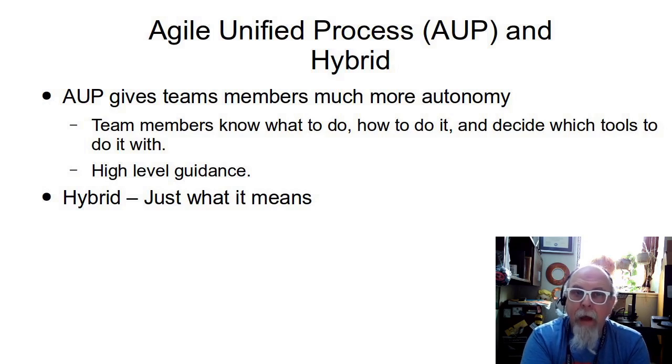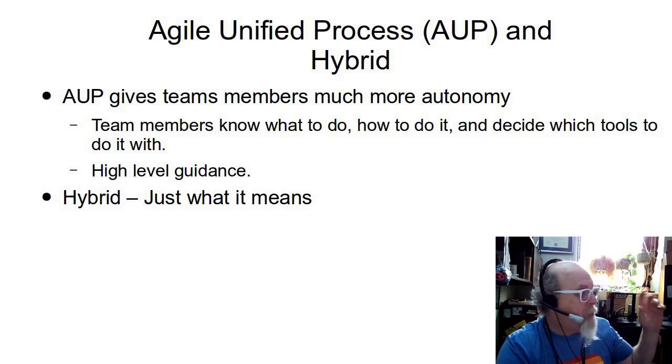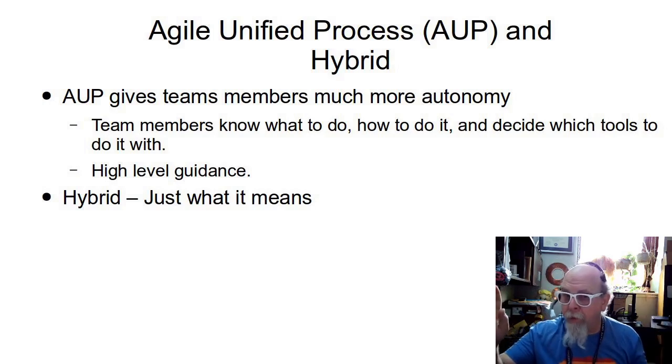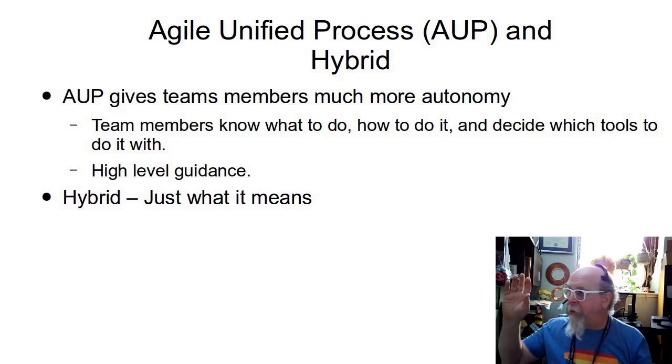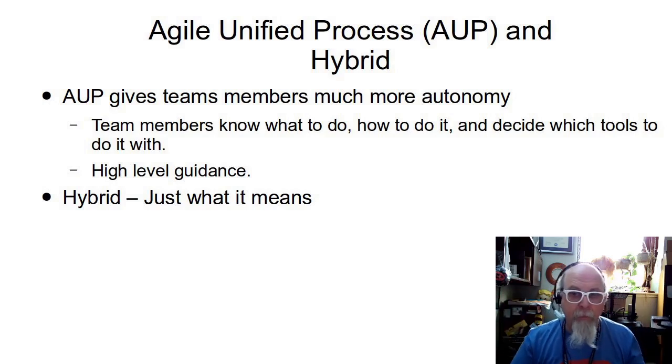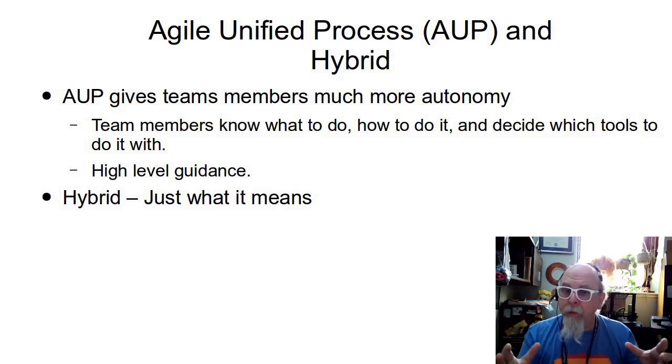But think about some processes where an Agile unified process would work, where you're a contractor, you've been given the job to do the plumbing, you've been given a job to do the electrical, you've been given a job to do some of the site prep, you've been given a job to do this, and you've been given a job to do that. And we're at the point in the process where we can all work together.